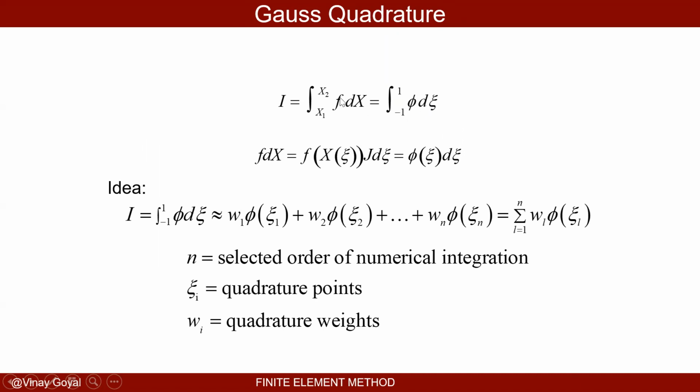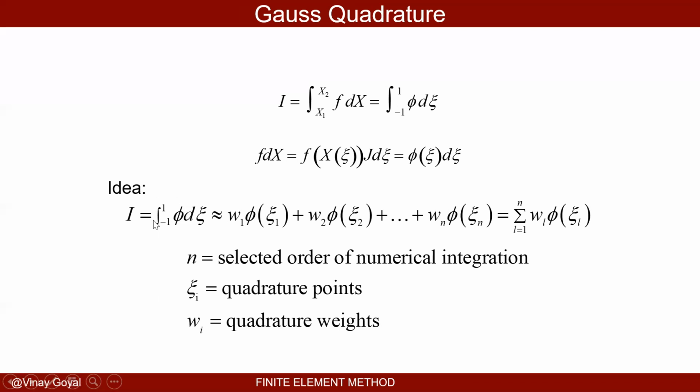Notice here how I did the change of variables. I have f dx, f we're changing to f of x of xi, and the dx becomes J d xi. So I call this whole coefficient phi, and that's why you see this transformation being made. Now my integral goes from -1 to 1.